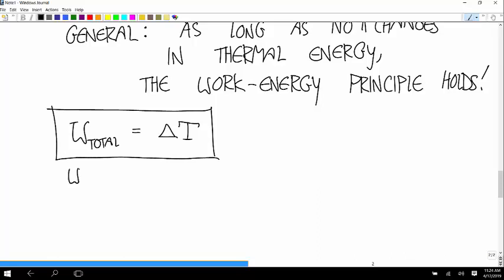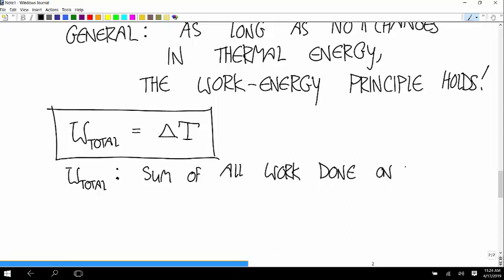W total is the sum of all the work done on the chosen object, and the change in kinetic energy is the kinetic energy at the later instant minus the kinetic energy of the object at the earlier instant.